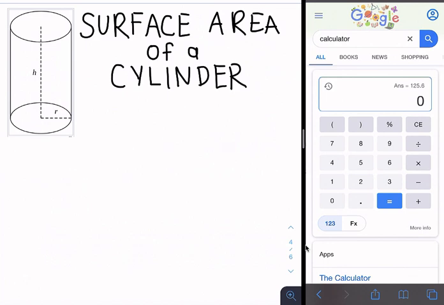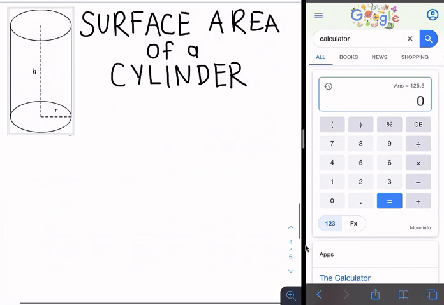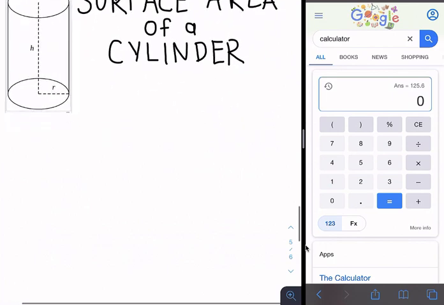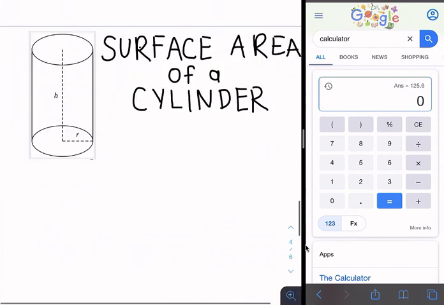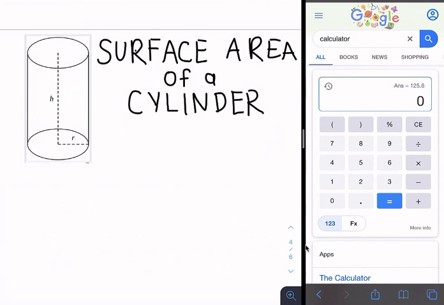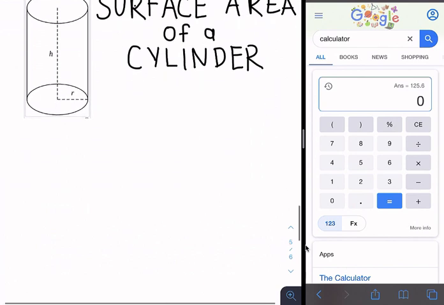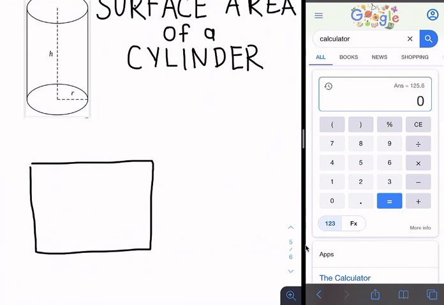So what we picture when we find the surface area of a cylinder is actually taking the cylinder and laying it flat, making a net. So we've talked about nets before, and that would be like taking this apart. So what happens when you take the cylinder apart is if you cut that side in half and laid it out flat, it would make a rectangle.